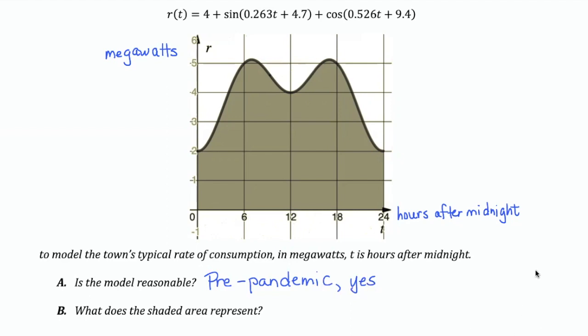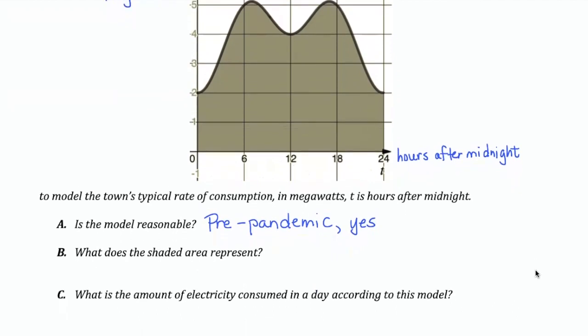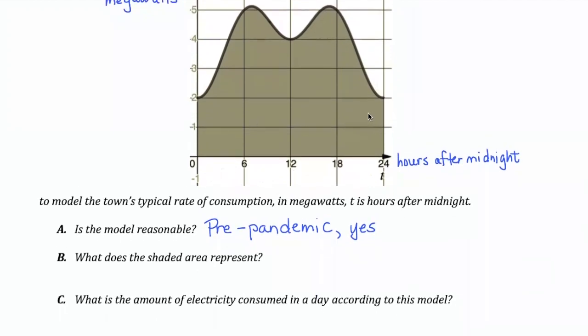What does the shaded area represent? Well, remember, a shaded area is an integral. And the integral here is going from 0 to 24 hours after midnight. And it's the integral of the function r of t dt.